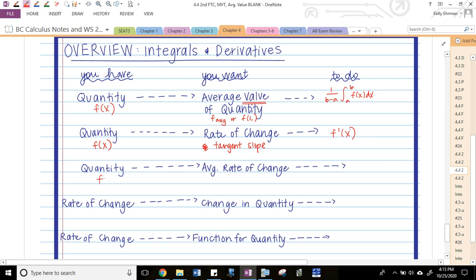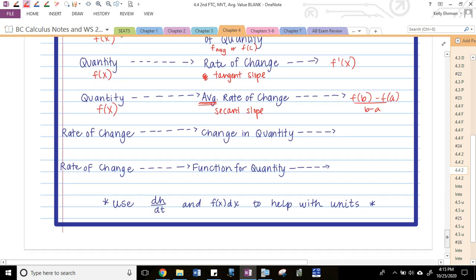If you have f of x and you want to find an average rate of change, you're looking for a secant slope. And we find secant slopes by doing f of b minus f of a over b minus a. No calculus involved. That's just finding the slope between two values.